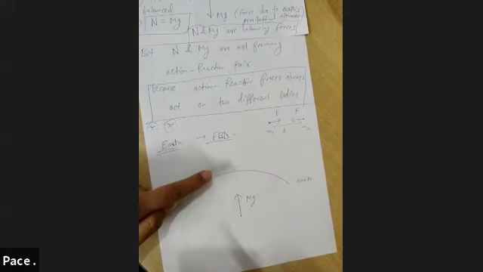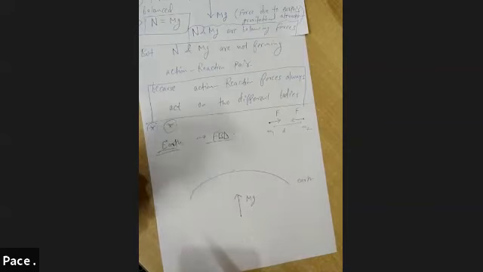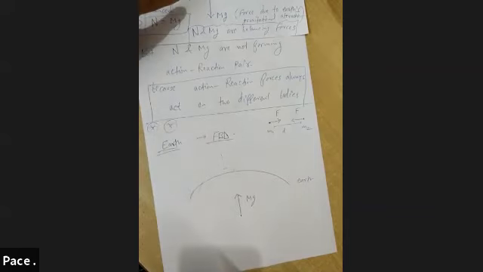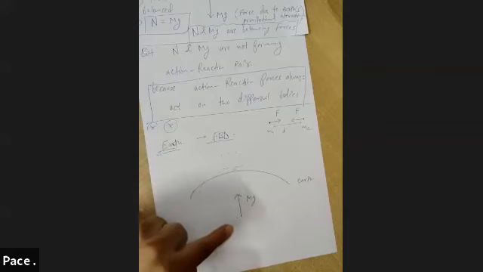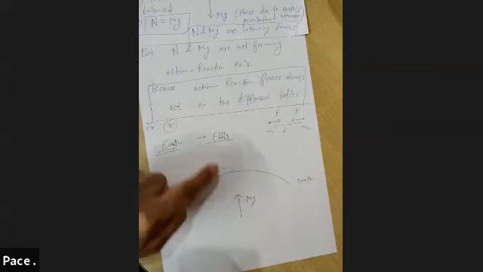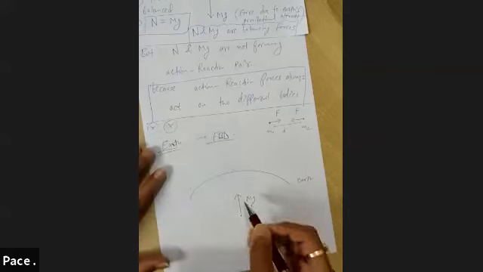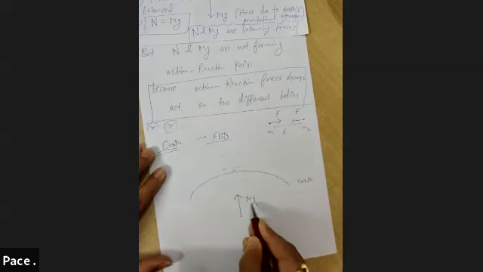Similarly, if this block is placed on the surface of Earth, the Earth will pull this block in the downward direction, which I have already shown by drawing the FBD of block M. Now I will draw the FBD of Earth. The Earth will also experience the same amount of force acting at its center, but in the opposite direction. What is m? M is the mass of the block and g is the acceleration due to gravity.